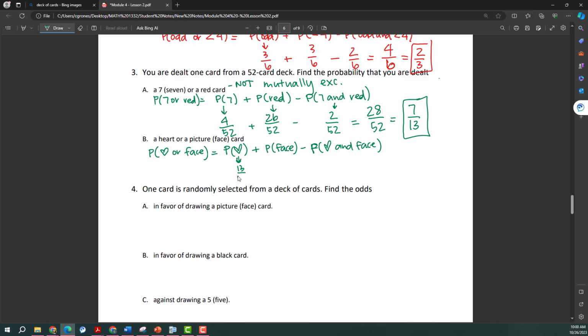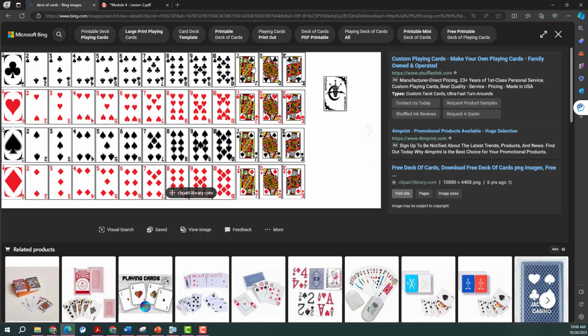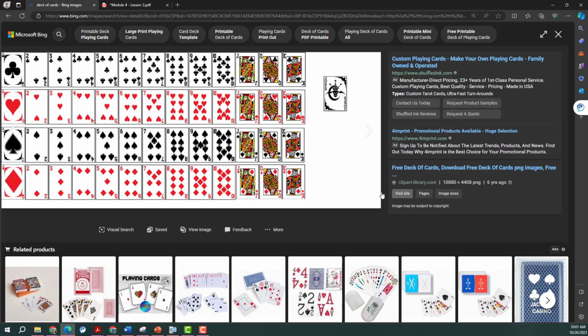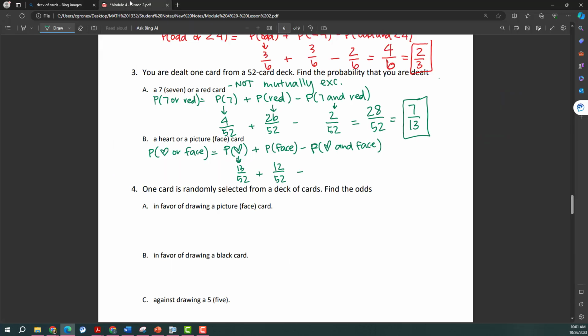So 13 over 52. We'll add that to the probability of a face card. Our face cards are the jacks, queens, and kings. So we have 12 of those. 12 out of 52. And then out of those face cards, we have 3 of them that are hearts.